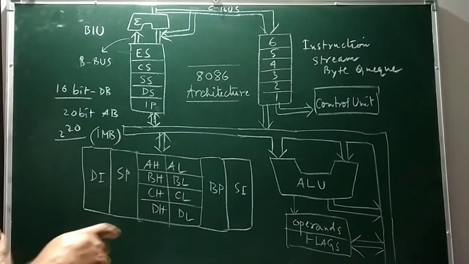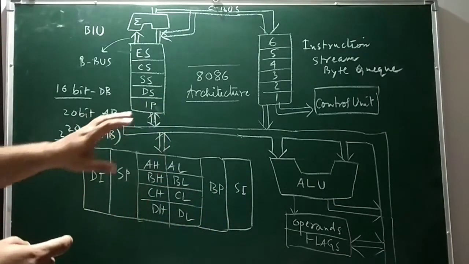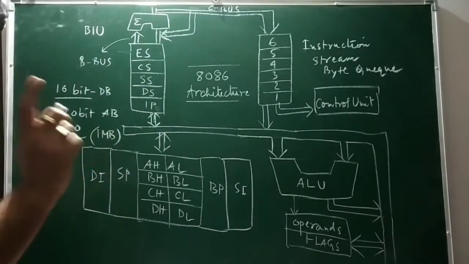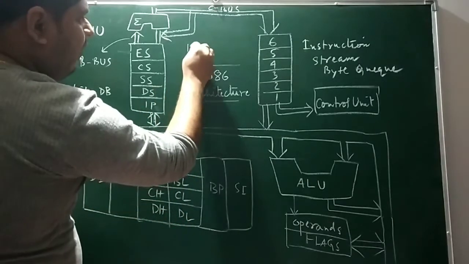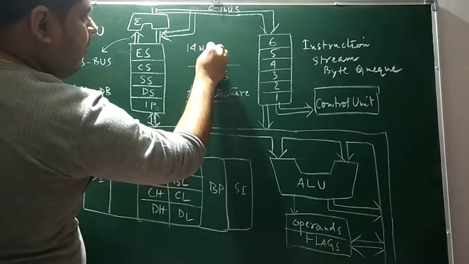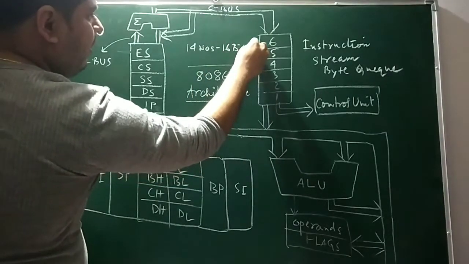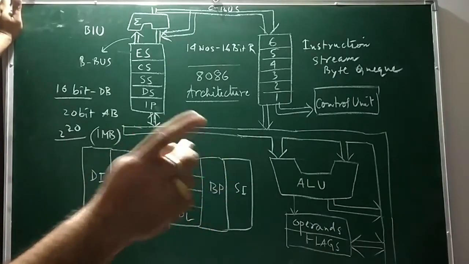And the 8086 microprocessor also provides 14 16-bit registers. It has a total of 14 registers, each having 16 bits.